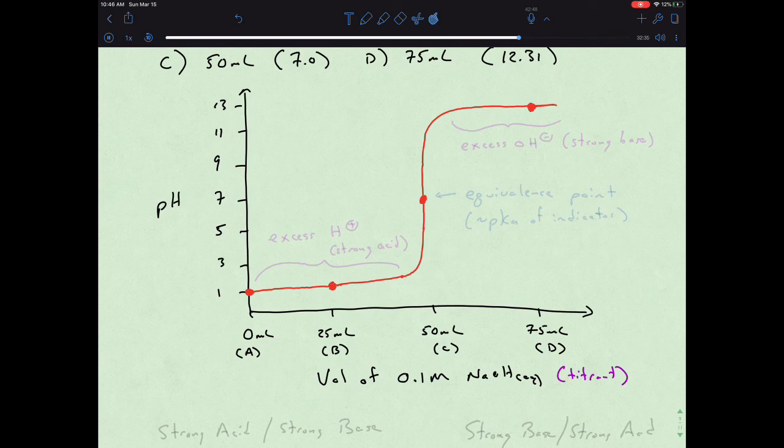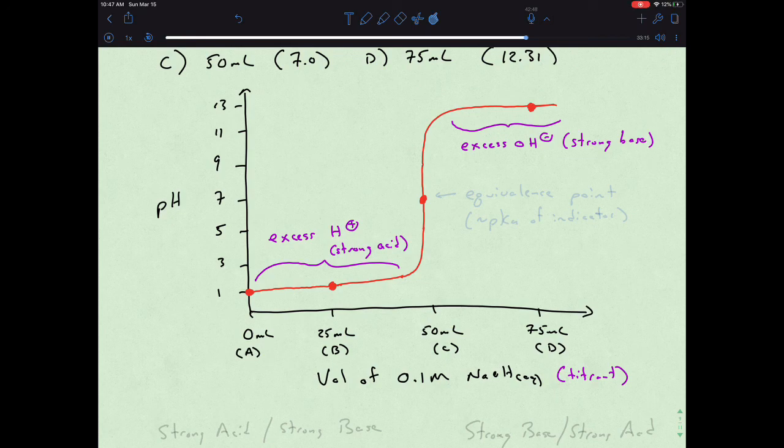So if we look at the beginning, this is where we have excess H plus, right? This is our strong acid region where we have excess of the HCl. And then in this region that we have at the very end, we now have excess hydroxide, or the strong base. So we have a really sharp curve.